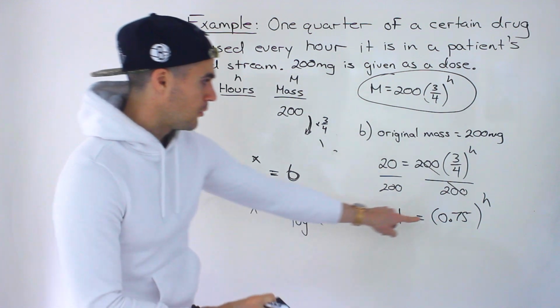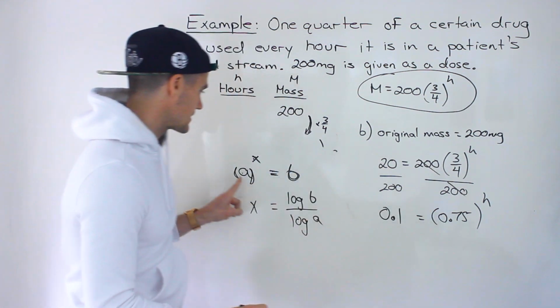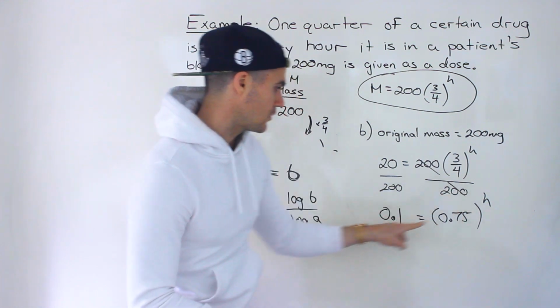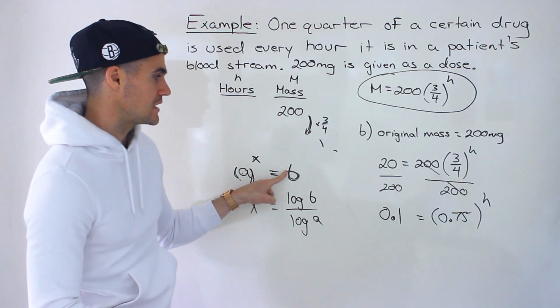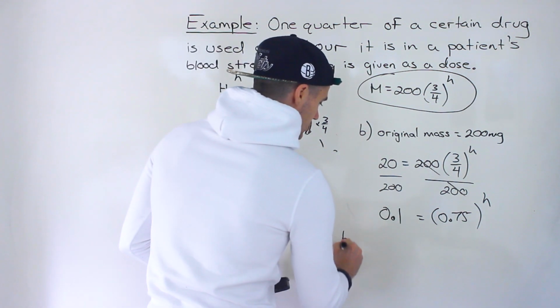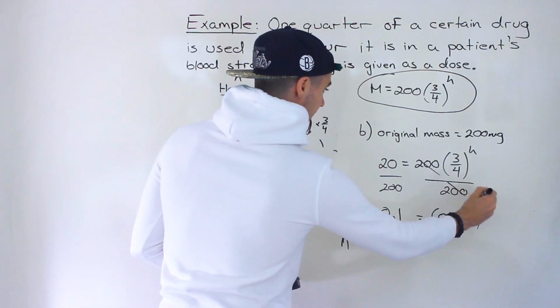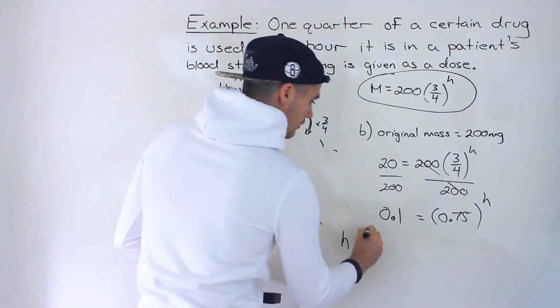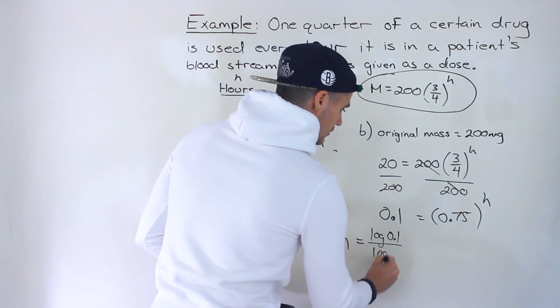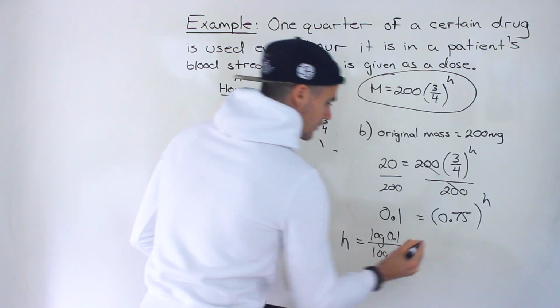Now notice that this is in that format. The 0.75, the base, is like the a value. The x is like the h that we're solving for. And the 0.1 is like this b over here. So the h, that exponent, would be log 0.1 over log 0.75.